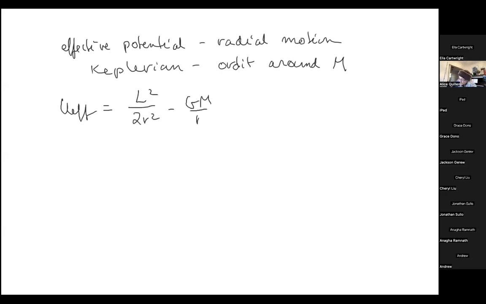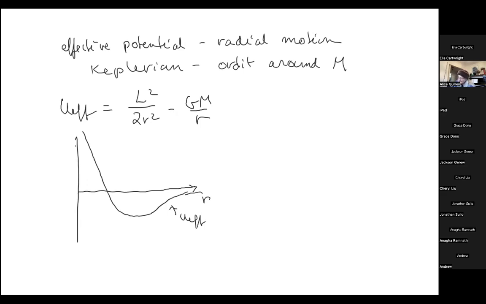I drew a picture to show what it looked like. If I draw a radius, once you choose the angular momentum, the effective potential looks like that. It goes to 0 at infinity.